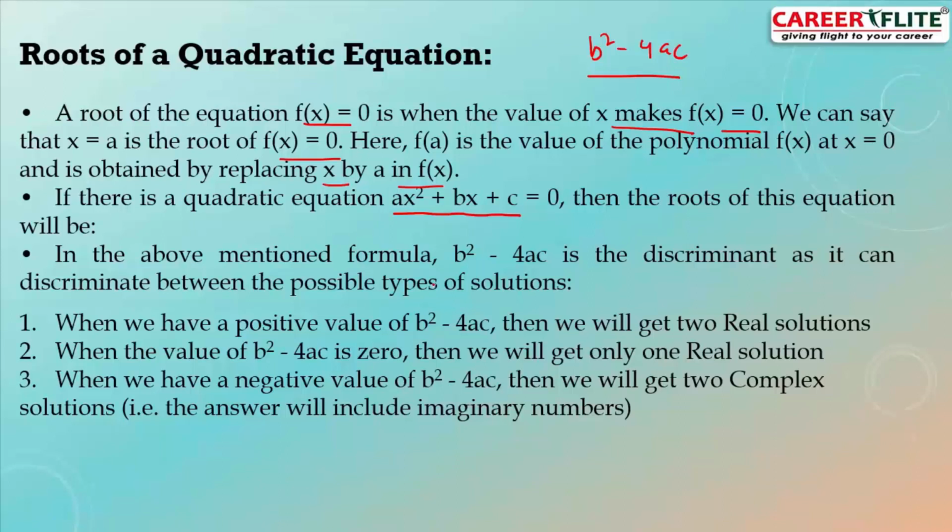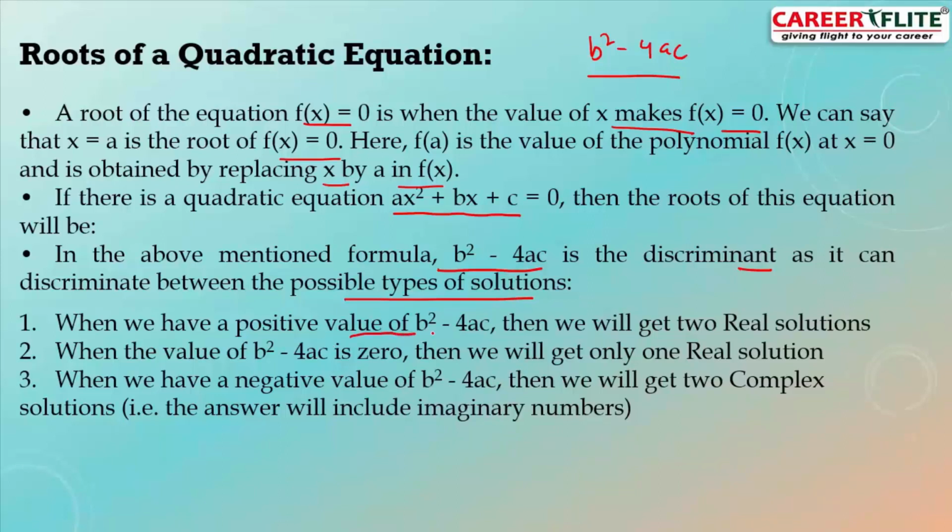So in the above mentioned formula, ax square plus bx plus c, b square minus 4ac is the discriminant, as it can discriminate between the possible types of solution.